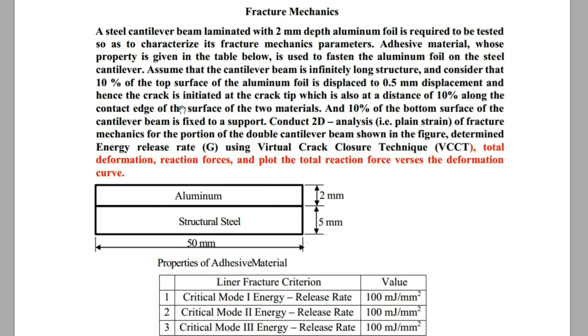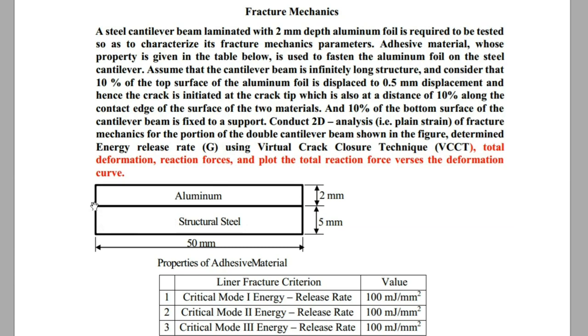Assume that the cantilever beam is a finitely long structure and consider that 10% of the top surface of the aluminum foil is displaced by half a millimeter, and hence the crack is initiated at the crack tip, which is also at a distance of 10% along the contact edge of the surface of the two materials.